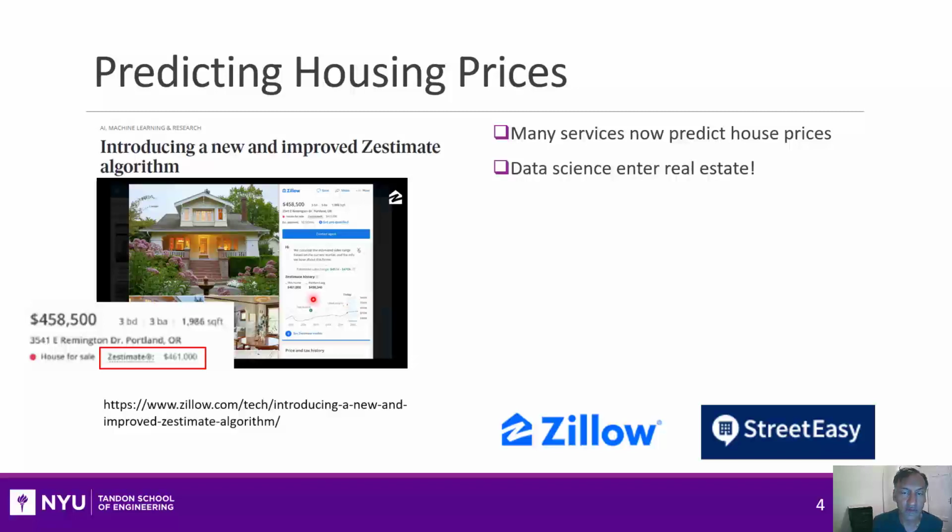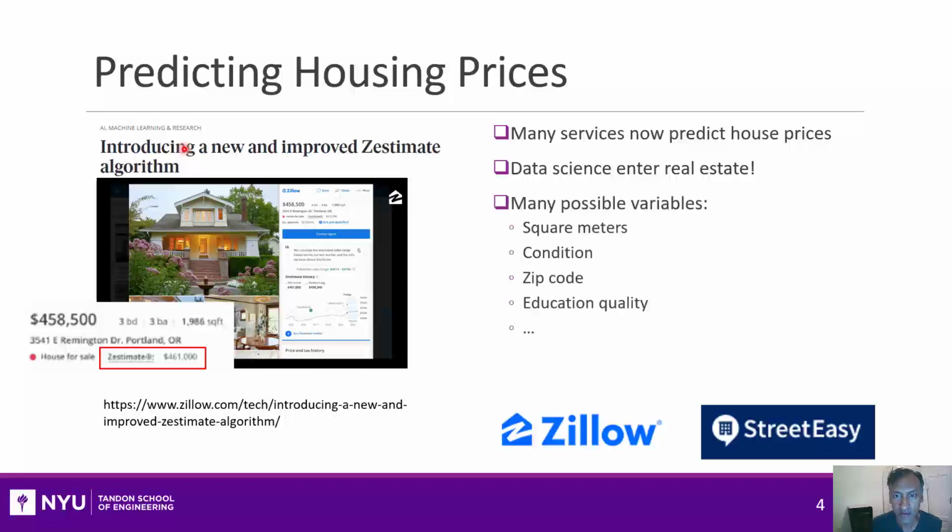This means that data science is very much entering real estate, like it's entering all fields now. In fact, this picture that I took is from a great article on the new algorithm that Zillow is using to compute this estimate. Now, if you think about this problem from a data science perspective, one thing that is overwhelming is that there are a lot of variables that go into determining the house price.